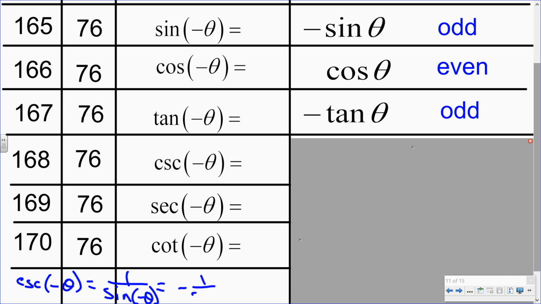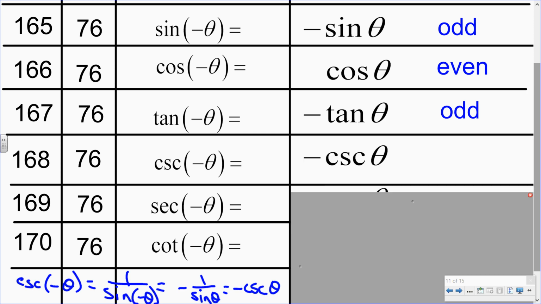So I'm going to just have minus 1 over the sine, but 1 over the sine takes me right back to the cosecant. So if I have cosecants of opposite angles, I do have to have the minus sign in there to say that they have opposite y's, which means that that is an odd function.